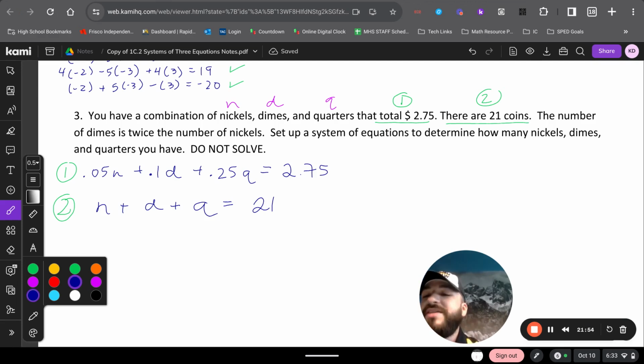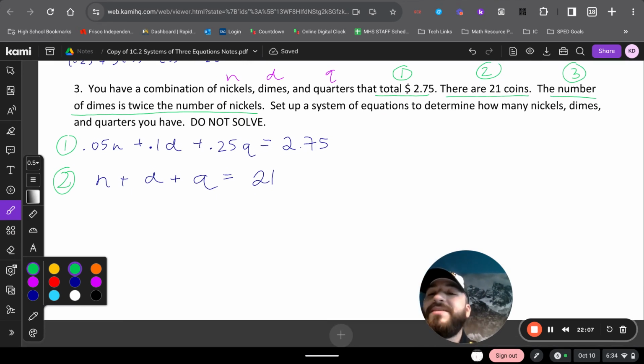Then they gave us just enough information to write a third and final equation, and that is that the number of dimes is twice the number of nickels, and that's going to make up our third equation. So if dimes is equal to twice the number of nickels, then for my third equation, my variable D is equal to 2 times my variable N, because dimes is equal to twice the number of nickels.